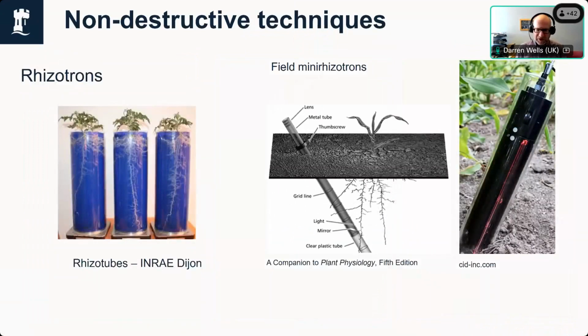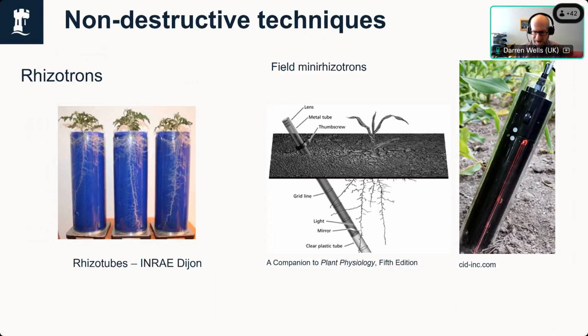While we're on the subject of rhizotrons, these come in many shapes and flavors. There are rhizotubes, which are effectively a combination of that germination paper system and soil. So the soil sits inside the tube, the paper goes around the outside, and then you can put these on conveyor belts and image them in large numbers in glass houses. And field mini rhizotrons are basically perspex access tubes through which you drop either a camera or a scanner.